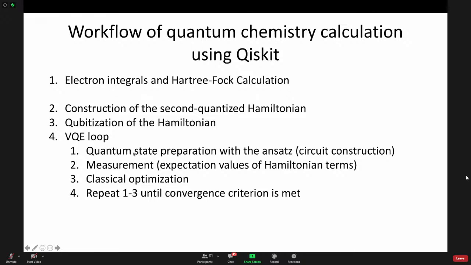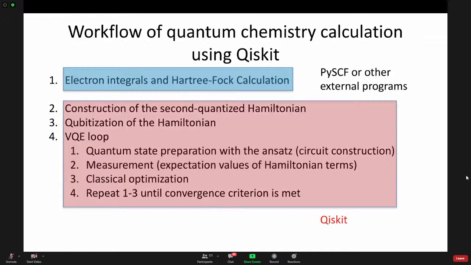We do the quantum state preparation using the ansatz, and then we measure it, and we do the classical optimizations of the parameters, and we repeat this until the convergence criteria is met. And again, as I mentioned, for the first step, we need an external program. And then for the second part, we use Qiskit.